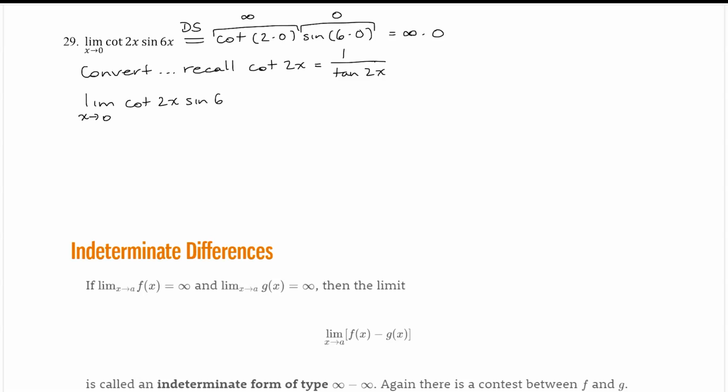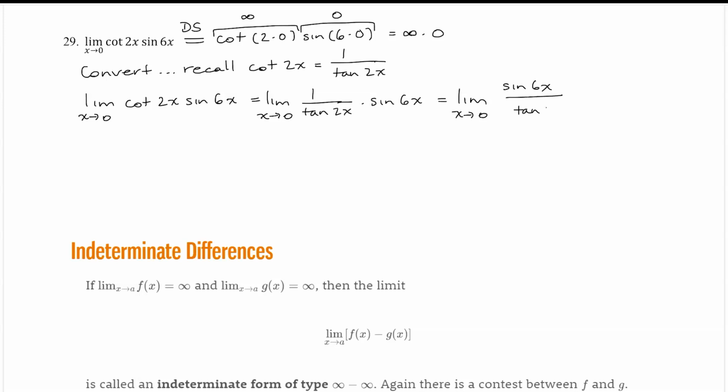That's just the definition of cotan. So this limit as x approaches 0 of the cotan of 2x times the sine of 6x can be rewritten as the limit as x approaches 0 of 1 over the tan of 2x times the sine of 6x.